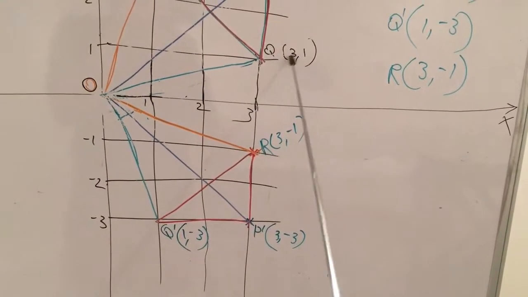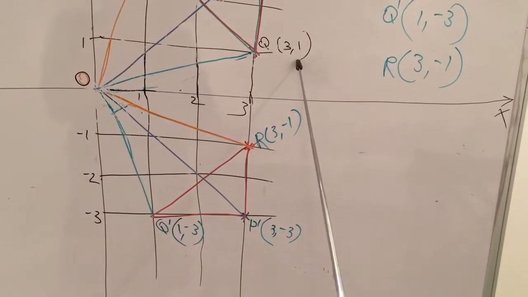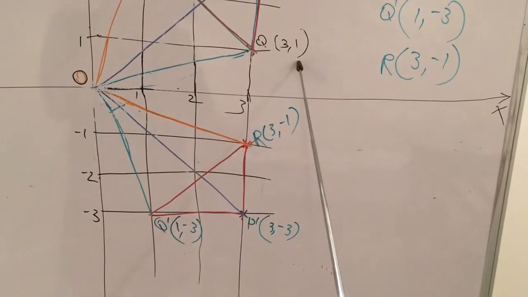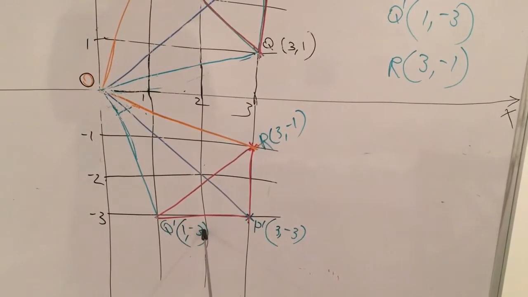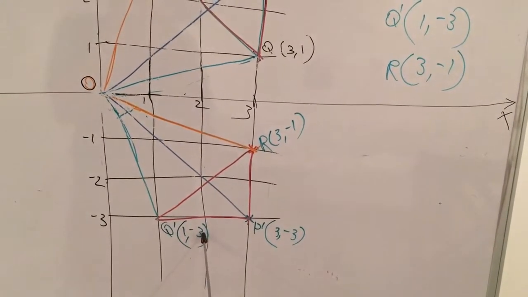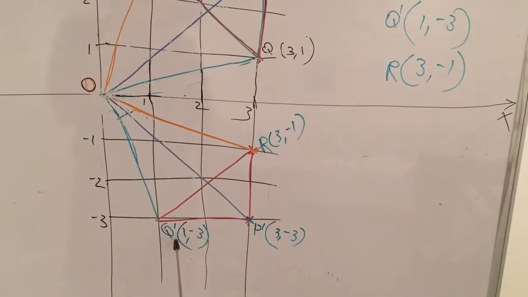So here when you switch x and y, 3, 1 will become 1, 3, and then multiply the y coordinate with negative 1. So you get 1, negative 3.